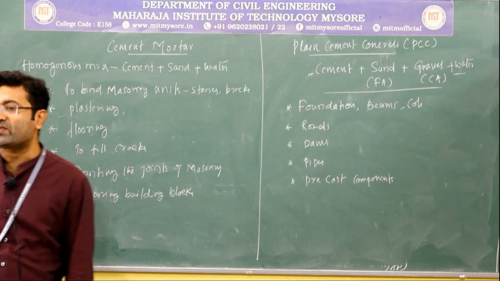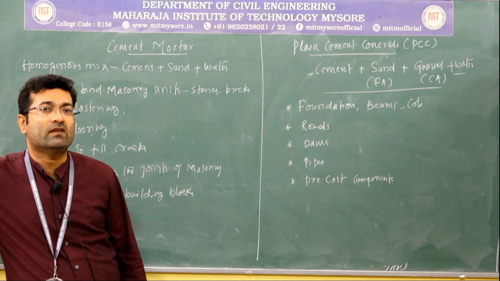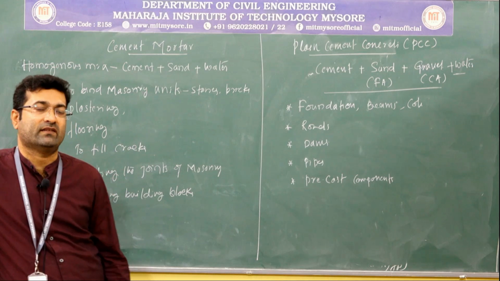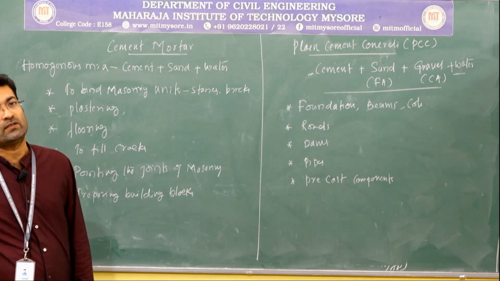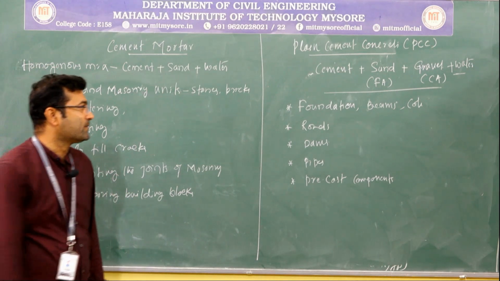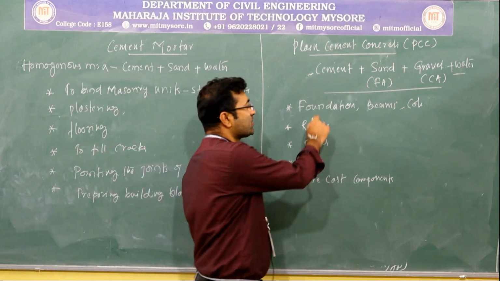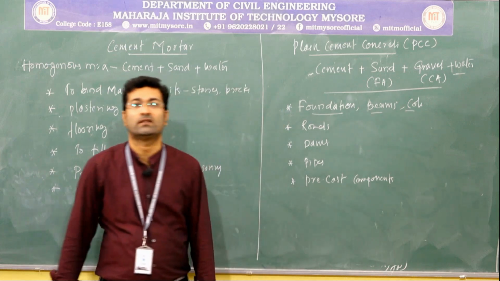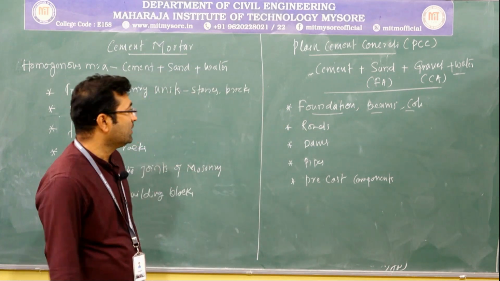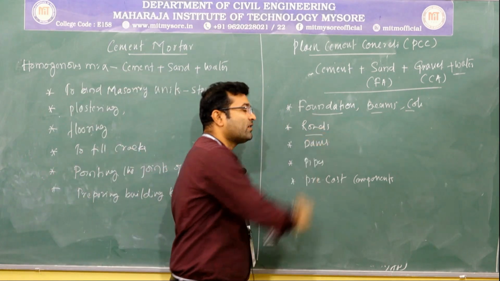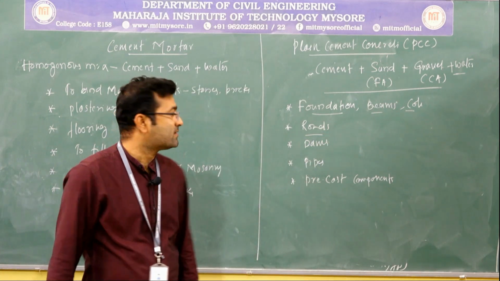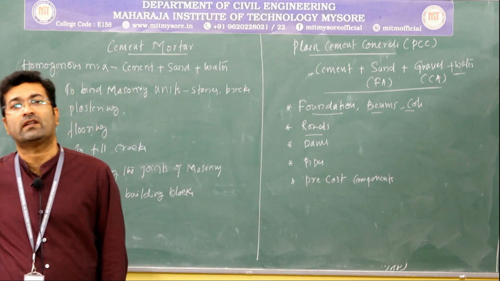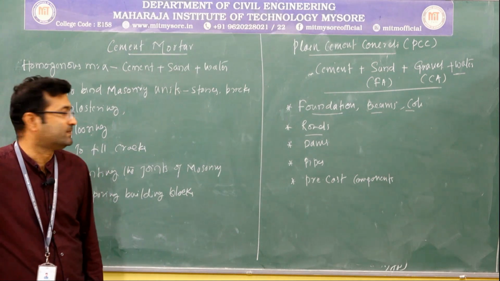In most construction activity, whenever we need hard surfaces, we go for plain cement concrete. As I mentioned, for the construction of foundations, beams and columns, we need plain cement concrete. Even nowadays, instead of bitumen roads, we can see that most of the time we are constructing cement roads.